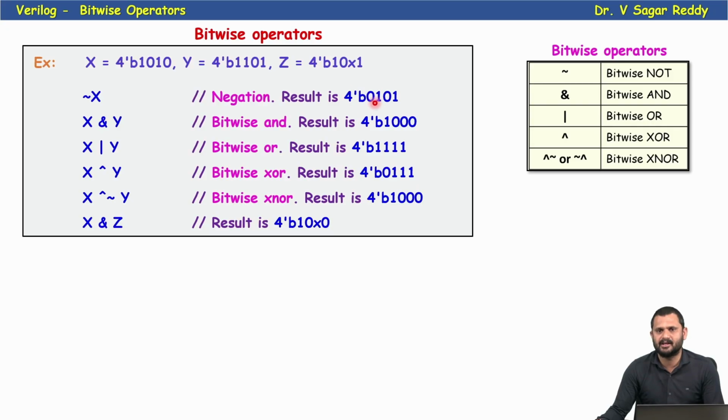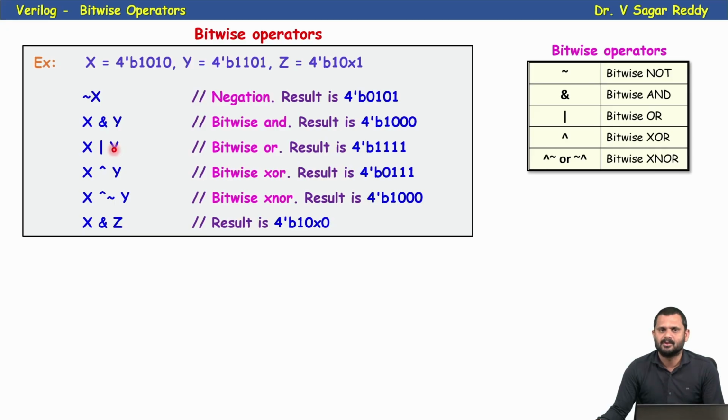The result is 4'b0101. Now x and y. We need to perform AND between these two, bit by bit. The first bit is 0, here the first bit is 1, 0 and 1 is 0 only. 0 and 0 is 0 only. 0 and 1 is 0 only. 1 and 1 is 1. So the result is 1000.